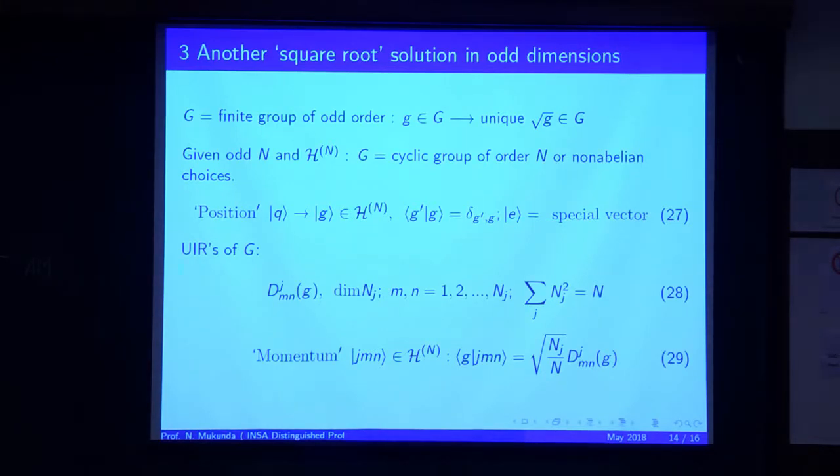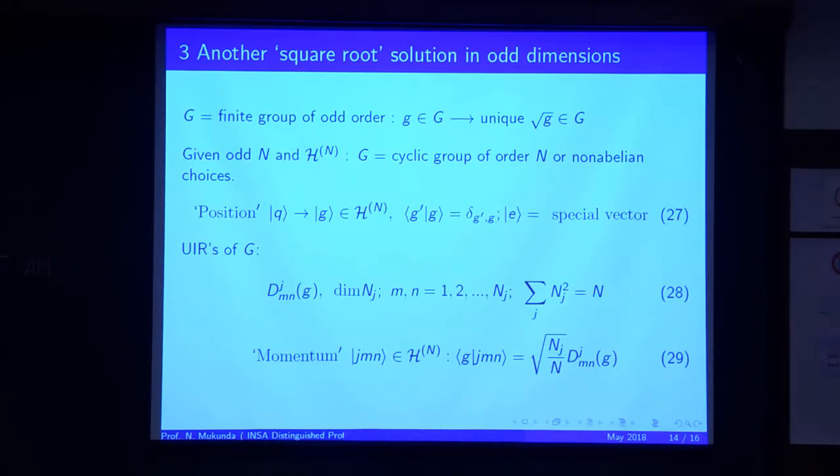Then you ask about the unitary irreducible representations of G. I denote them in the usual way suggested by quantum theory of angular momentum. So I label the representations by J, let the dimensions be Nj, and here are the rows and columns, and this is a well-known result of group representation theory. The sum of the squares of the dimensions of the irreducible representations is the order of the group.